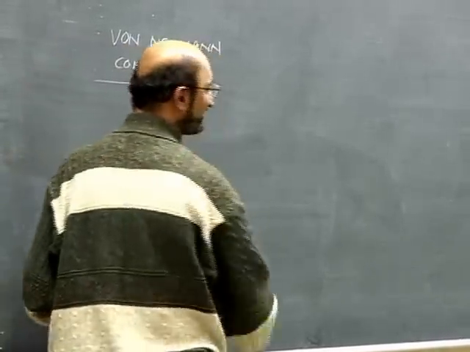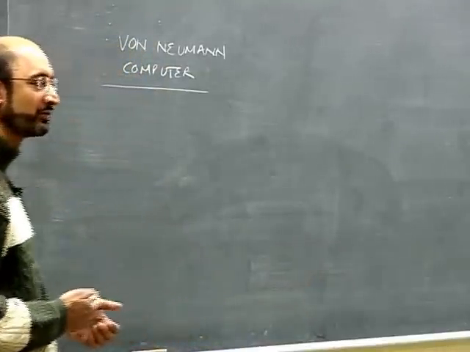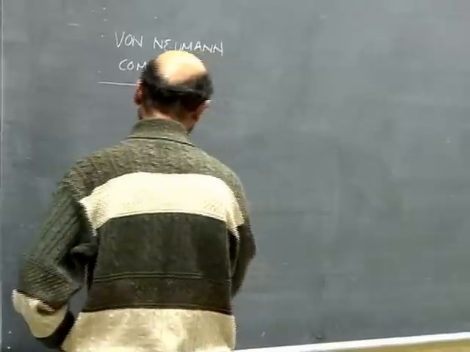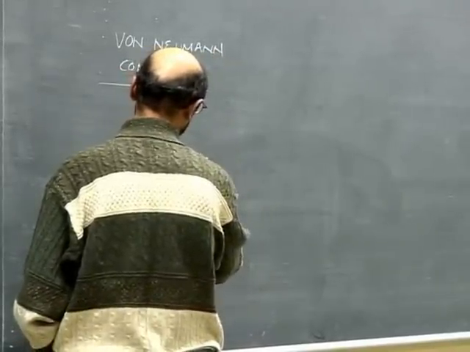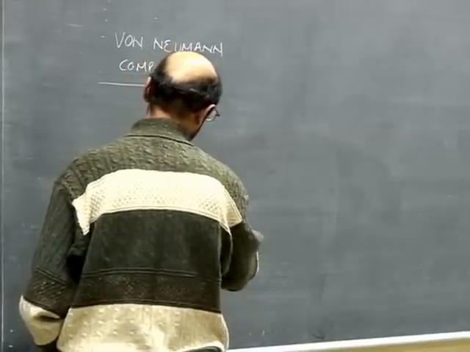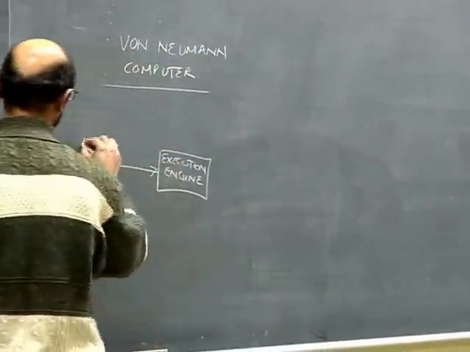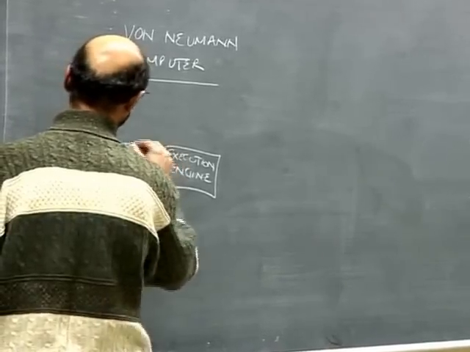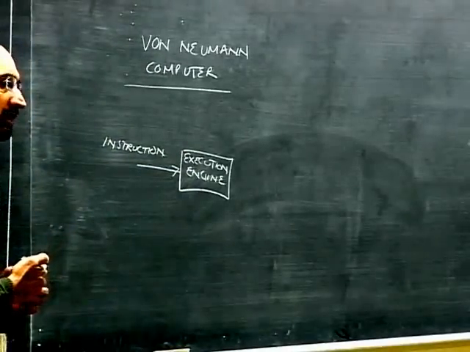So anytime you feel full of yourself, just read his biography. One of the things he did in his spare time, more or less, was to write a small paper called How to Build Stored Program Computers, and this is what he said you should do. You basically have what you call an execution engine. What the execution engine does is that it can take an instruction and then carry out what the instruction asks it to do. Nothing really complicated about this.